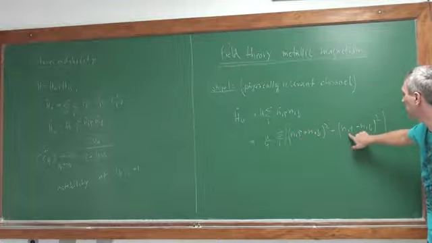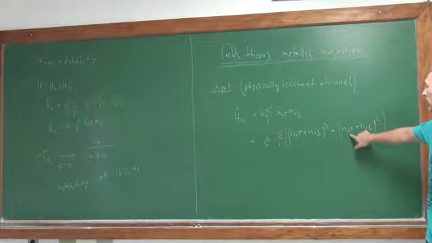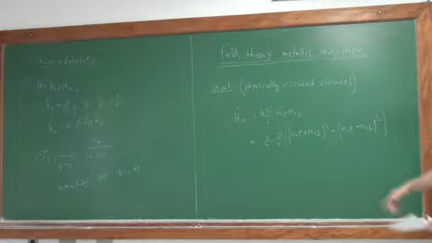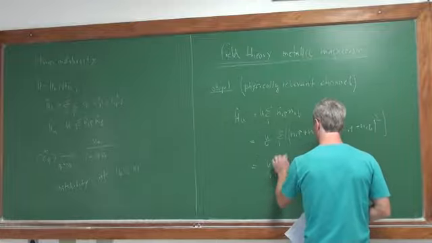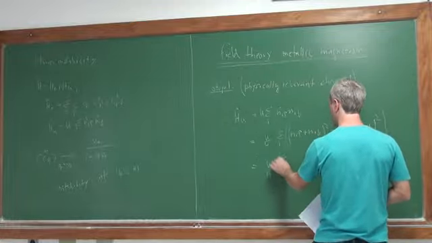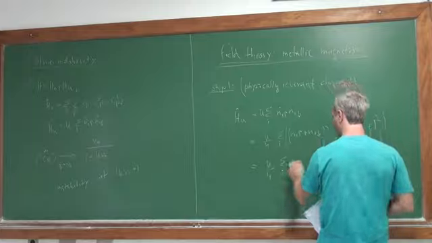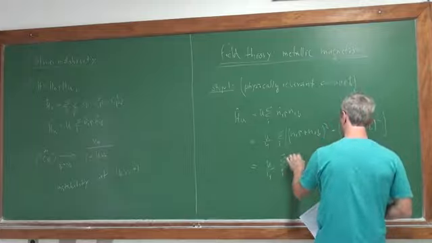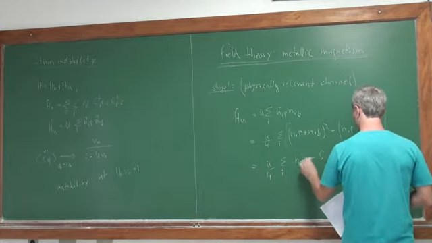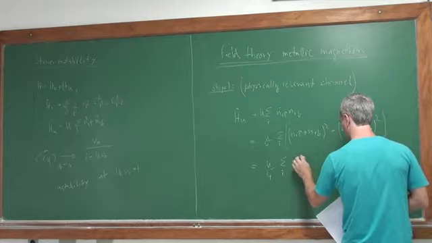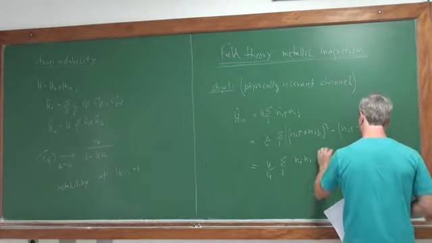The difference here is just the z component of the spin. Okay, so we can write this as U over four, sum over i, where i is the discrete lattice, and then we have n_i squared minus S_i^z squared.